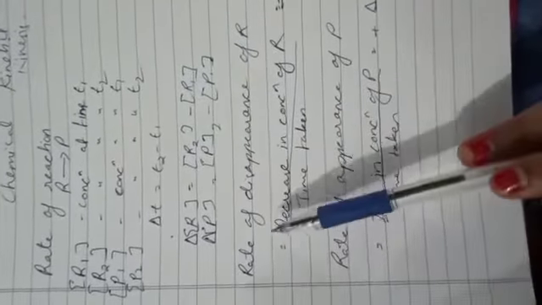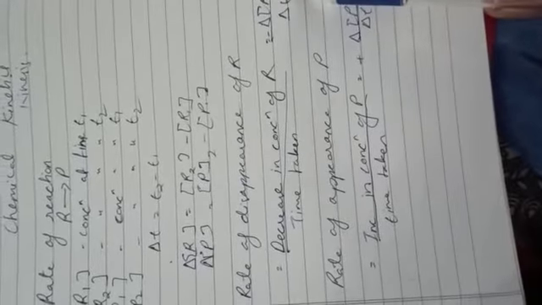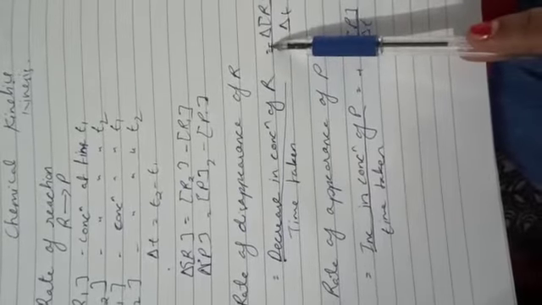So the rate of disappearance of the reactant, that is R, will be equal to the decrease in concentration of the reactant upon time taken. This will be equal to delta R upon delta t, the change in the concentration of the reactant upon the time interval taken for it, and this will have a minus sign. This minus sign shows the decrease in the concentration of the reactant.